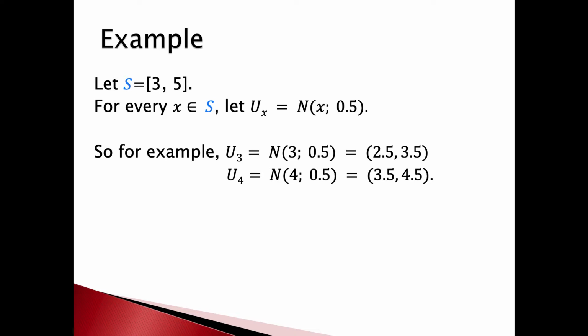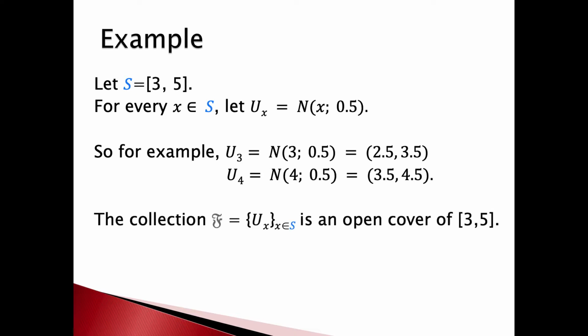Okay? So every number between 3 and 5 gets an open set that's a half unit in radius, sitting around it. So for every point in S, all uncountably many numbers between 3 and 5, we get an open set.